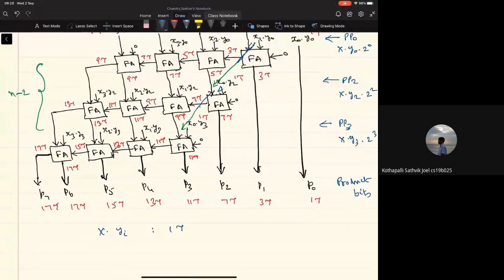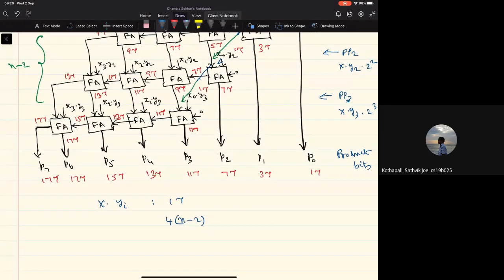Again it's 4 tau and so on. So we have n minus 2 stages, and the effect of the input to one stage to go to the next stage is 4 tau. So it's 4 into n minus 2.